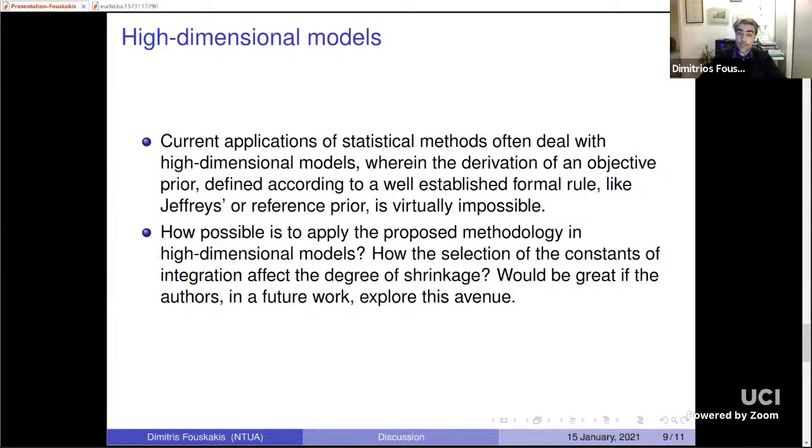So my question again here is, how possible is it to apply the proposed methodology in high-dimensional models? And again, I'm going to return to the selection of the constants of integration. It would be nice to see, under this type of problem, how this selection affects the degree of shrinkage, for example, if the aim is to do some shrinkage on these high-dimensional models.